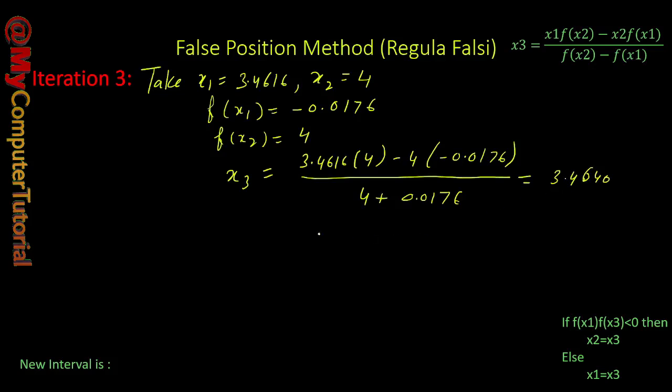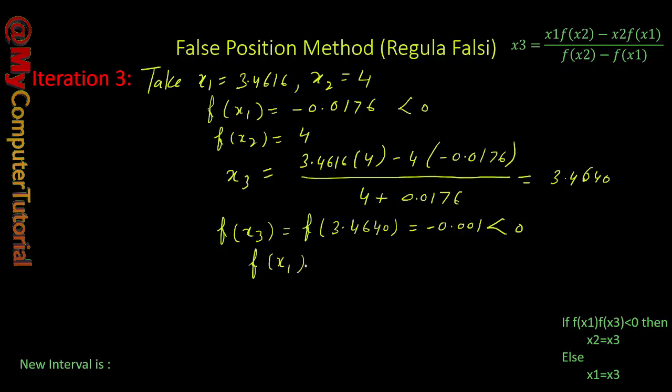This is the value of x3, and if we calculate f of x3, that is f of 3.4640, it will be equal to minus 0.001, which is negative. So f(x1) is negative and f(x3) is negative, so f(x1) into f(x3) will be positive.